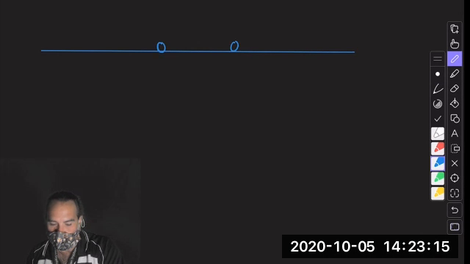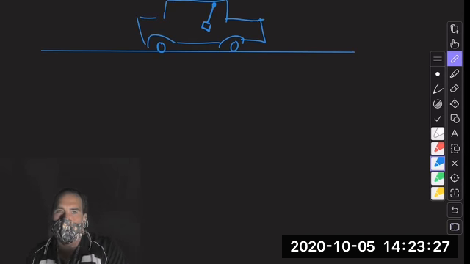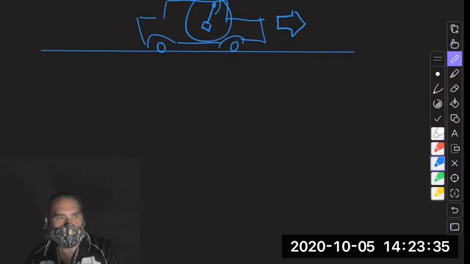So you're in a car. This is a car. You ever hung something off the rear view mirror of your car? When you accelerate forwards, this thing swings backwards.